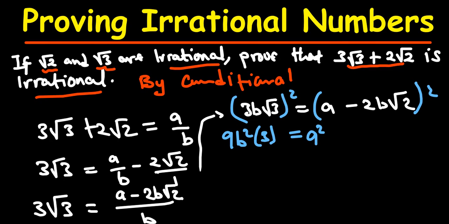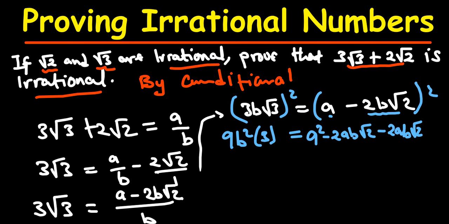A multiplied by 2b root 2, we are going to have minus 2ab root 2. We are done with the a, and now we multiply by this. The 2b root 2 multiplied by a, we are going to have minus 2ab root 2, and then the minus 2b root 2 multiplied by itself.